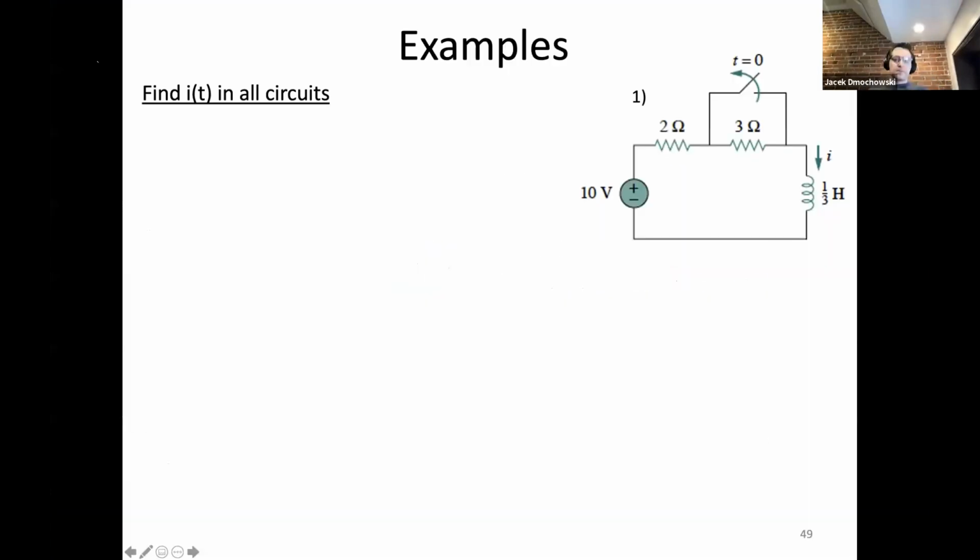Okay, so before this switch, at time equals 0 minus, this switch is in the closed position. So when the switch is closed, what happens to this 3 ohm resistor?